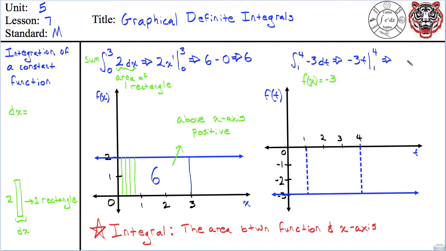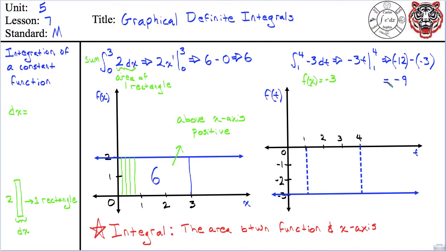So -3 times 4 is -12. And I'm going to subtract my second substitution. 1 subbing in for t gives us -3, so -3. And this is going to be -12 minus -3. Negatives kiss become positive, and that's going to be -9.